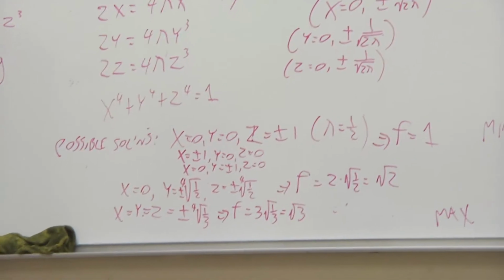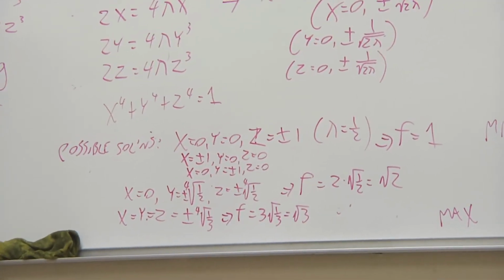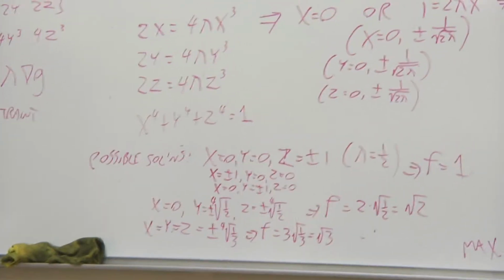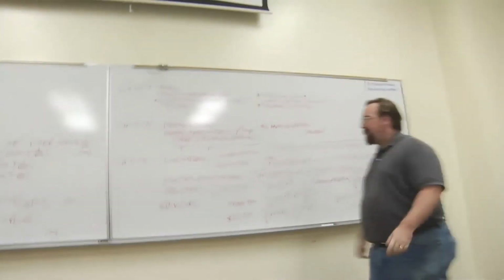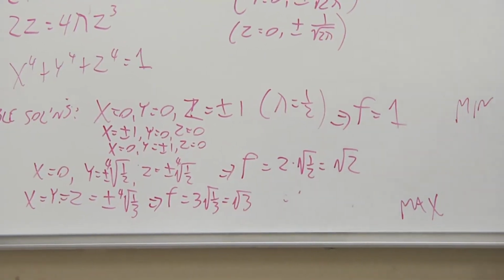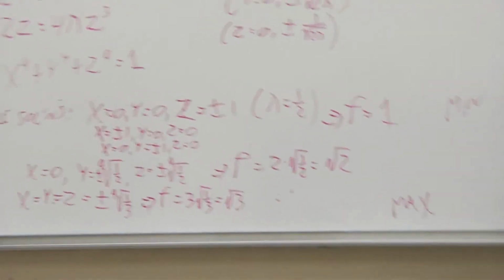But here we just have 0, 1, or 2 of these variables equal to 0, so at least one of them must be non-zero. And then we see what's going on. Yeah, so if you had any number of variables, f would turn out to be the square root of 1, square root of 2, square root of 3, all the way up.